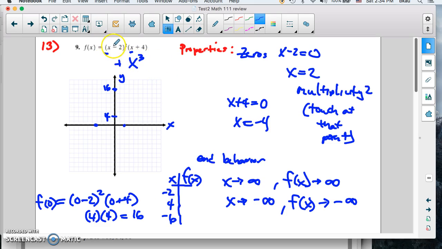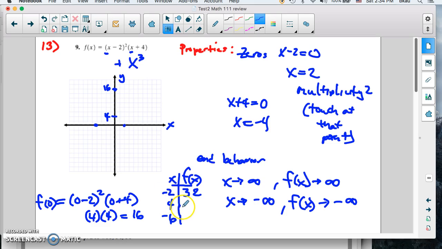Negative 2, that's going to be negative 4 squared, which is 16. Negative 2 minus 2 is negative 4, squared is 16, and then 16 times 2, so that's going to be 32 here.